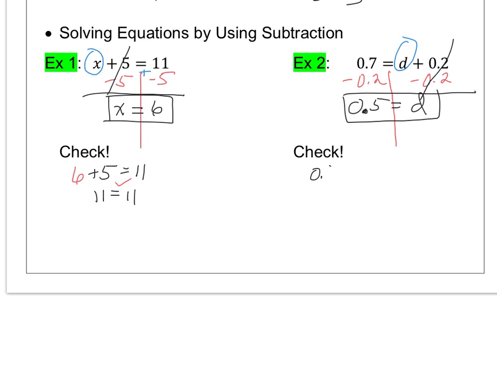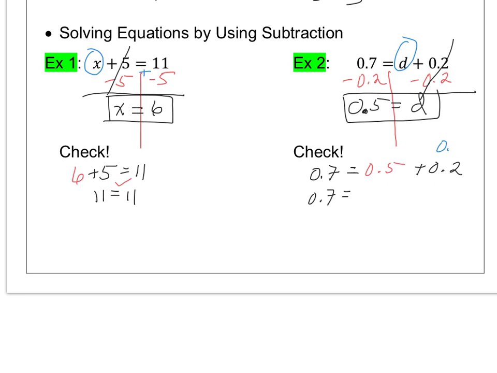So 7/10 is equal to 5/10 plus 2/10. So the left side, we didn't have anything to do. On the right side, clearly you're going to try to force this to work, but think of it this way.